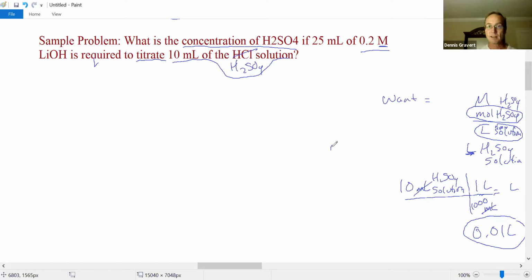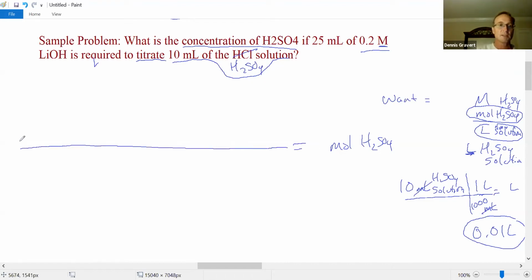Now what do we want? Well, now I'm going to go after the moles of H2SO4. That's what I want. I'm going to use dimensional analysis to help me find out what that is. Okay, this is what I want. So what am I given? Reread the question, find out what are some digits. Well, here's 10, but I already used that. Here's 25, and here's 0.2.